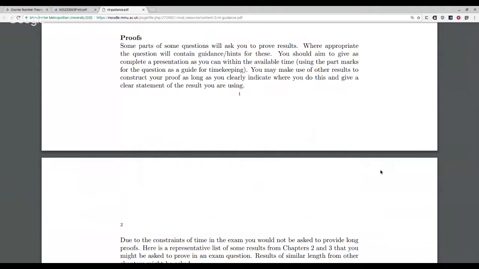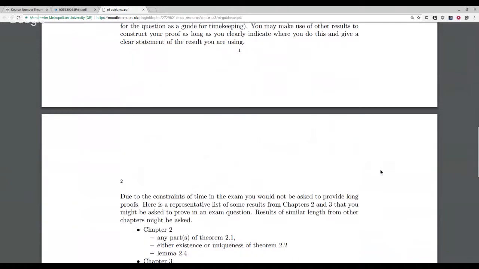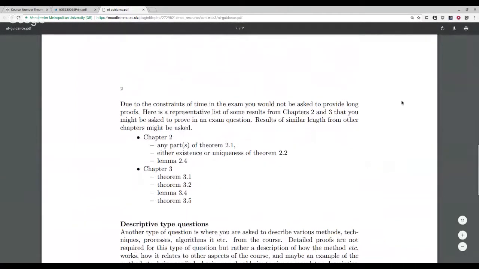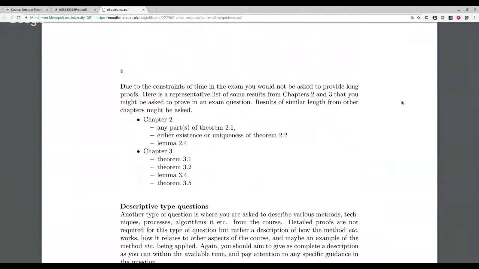And you can make use of other results to construct your proofs, as long as you clearly indicate where you're doing that and demonstrate your understanding that you're basing this proof on results of prior concepts as well. Now, due to constraints in the exam, to do with the length of time you have and reasonableness, you won't be asked to produce some of the longer, more difficult proofs.